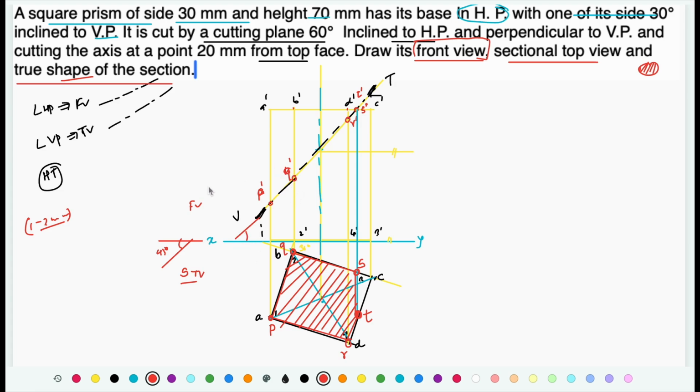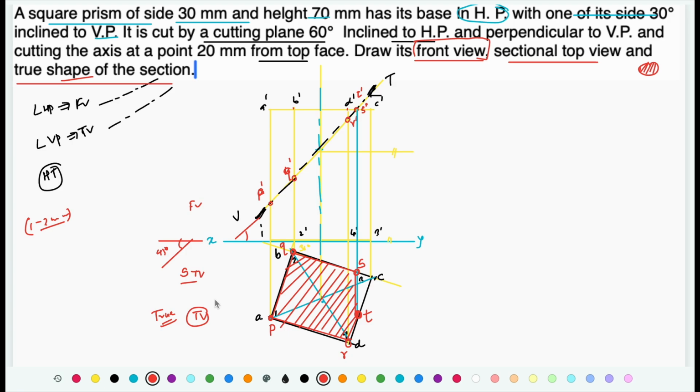In the front view we are not getting any section. In the top view there is a representation of the section of that solid, but as the cutting plane is inclined to HP, the top view that you are going to get is not going to show the true dimension because the line is inclined to HP.